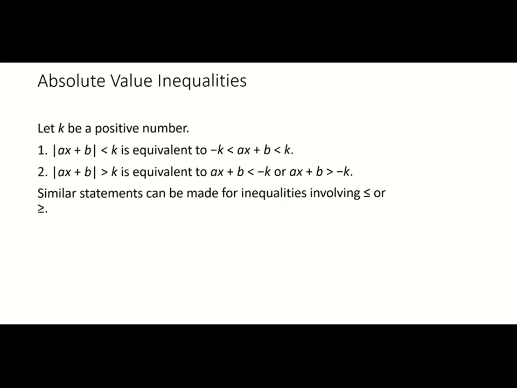But if your absolute value expression is greater than the solution, or k, you're going to set it up as a two inequality equation. So you'll have that or between the two. And we'll take a look at both types of those.